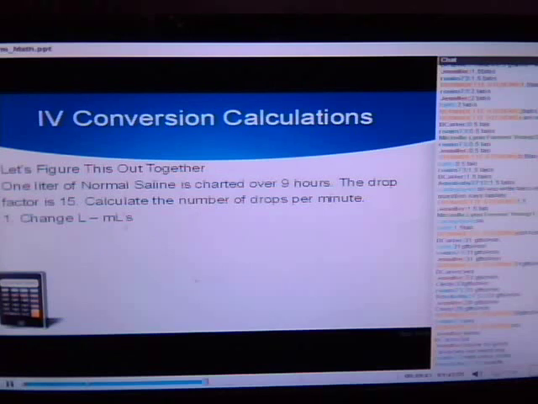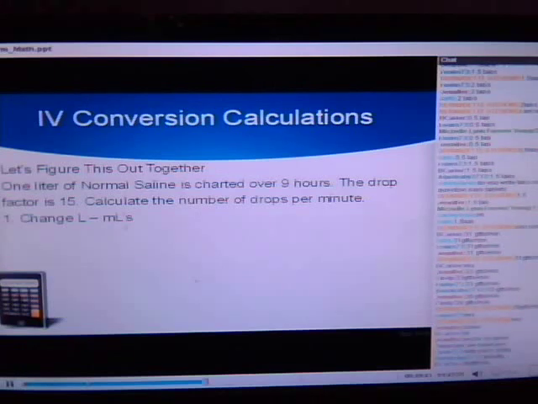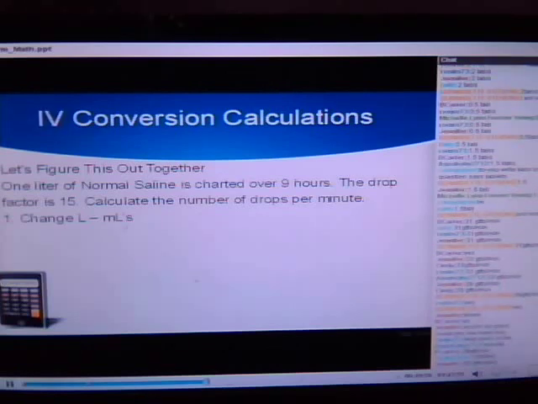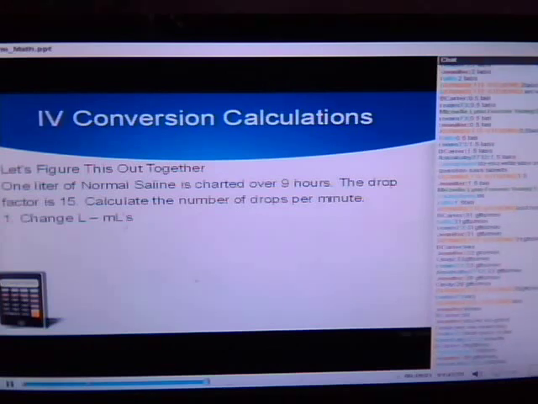Let me go ahead and write this for the sake of whoever's going to watch the recording. Alright? I'm only going to do this one. I would write it out like this: 1,000 ml times 15. That's my drop rate.